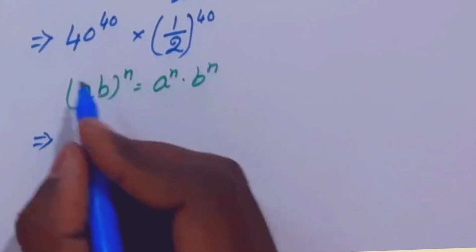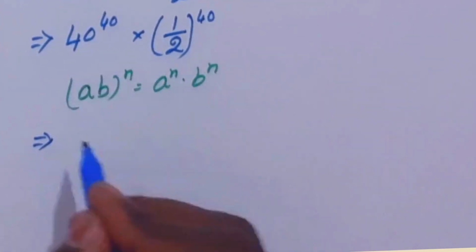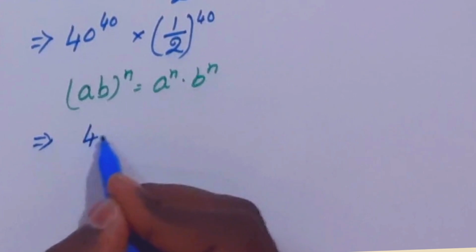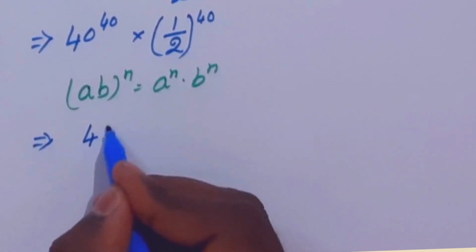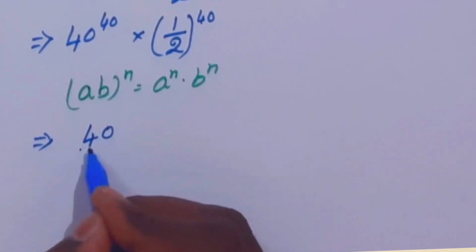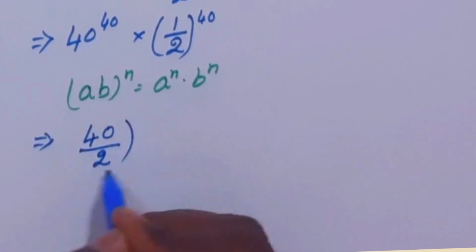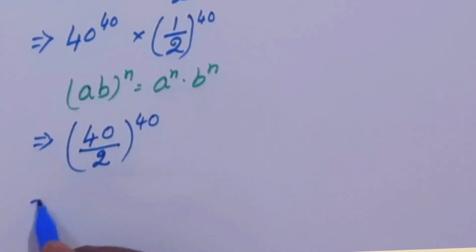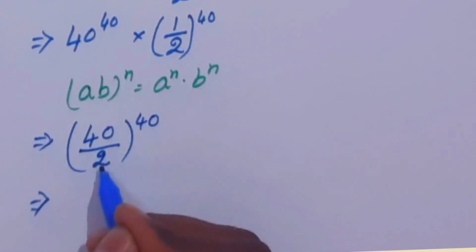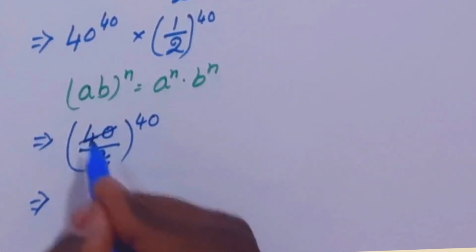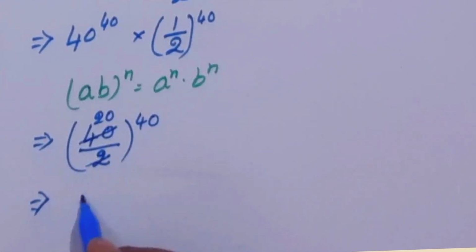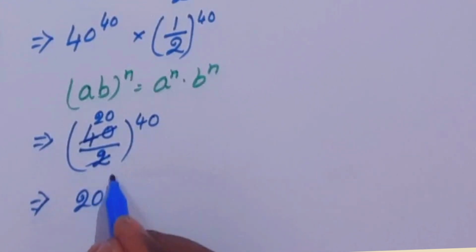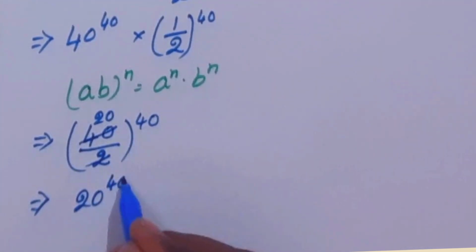Since the powers are the same and the bases are different, we implement this here. So (40 by 2) whole power 40. To simplify this, here it is 20^40. This is the final answer.